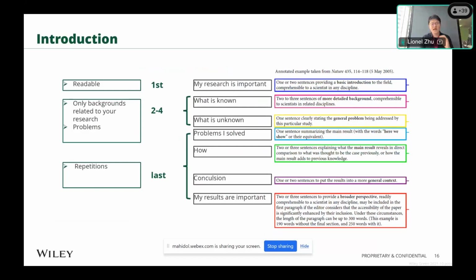I have highlighted here 3 times that you need to address this again by saying your results are important, because most handling editors are your peers, yes, but they are not that focused on your area. Peer reviewers are, but handling editors sometimes are not.